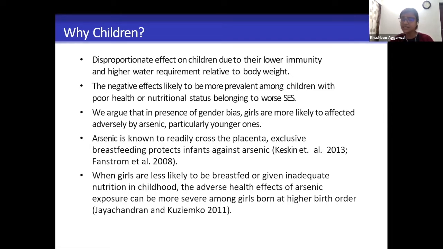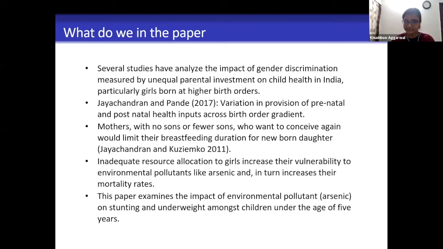But when girls are provided an inadequate amount of breastfeeding or inadequate nutrition during early childhood, that will make them less immune. As a result, they will be more susceptible to arsenic exposure. And this is more severe in the case of girls who are born at later birth orders.